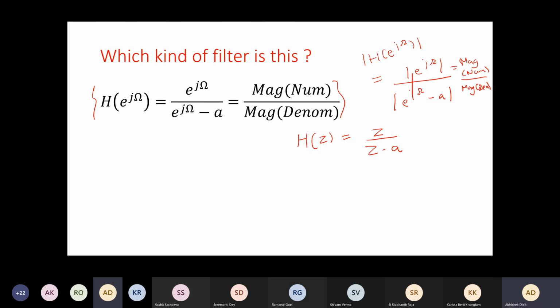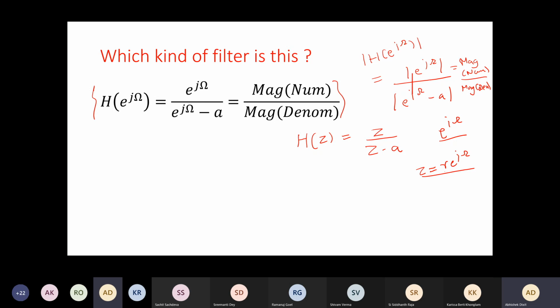The relationship between the Z transform and the frequency response, the Fourier transform, is that instead of e to the power jω we use Z, where Z is R times e to the power jω, and R is any number. So the Z transform would turn out like this. Clear?